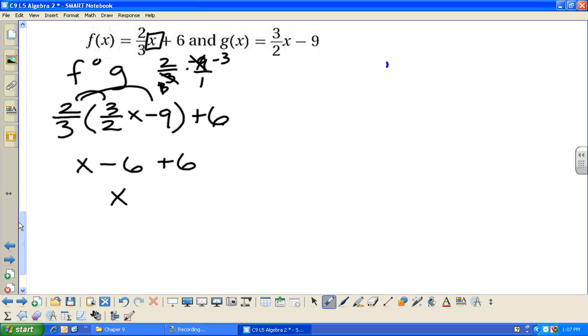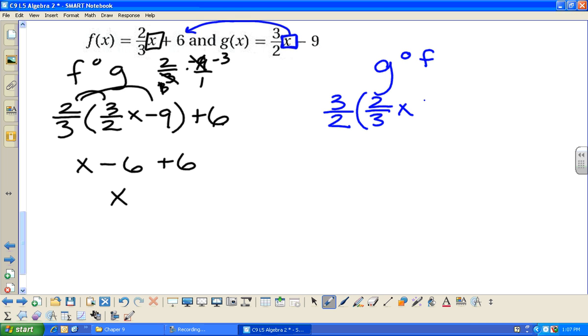So now I have to make sure that g of f reduces to x. So I start writing my function of g. Wherever I see my x, I replace it with the function of f. So I distribute my 3/2.